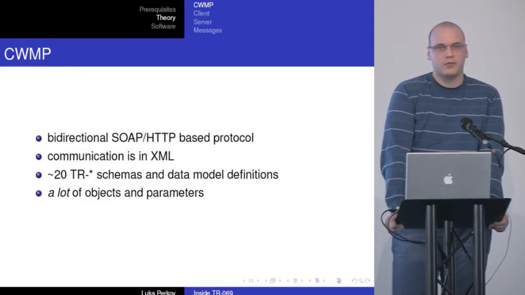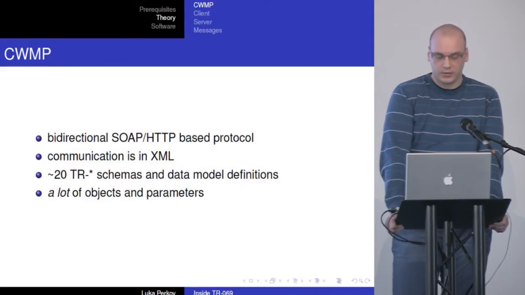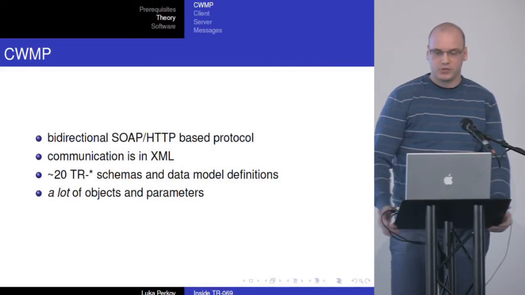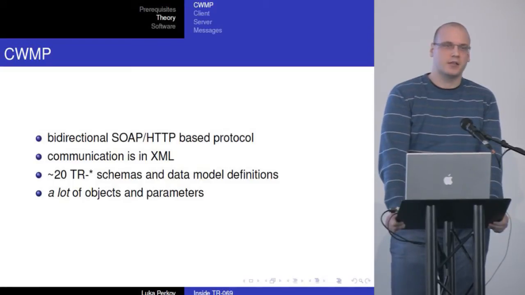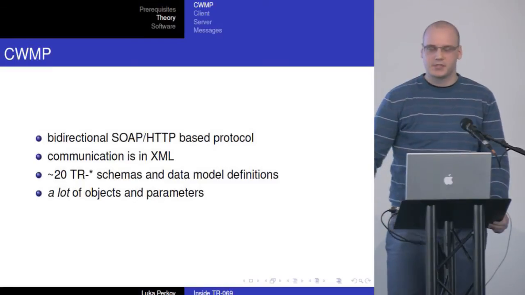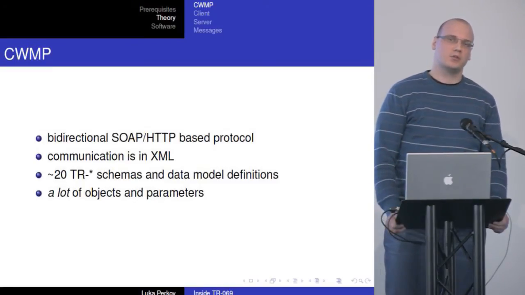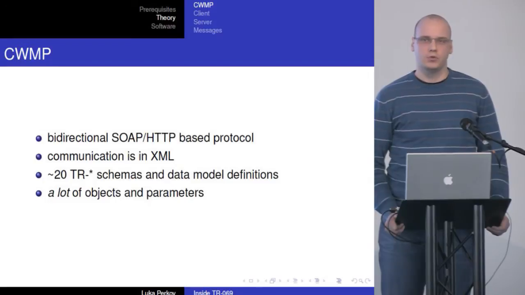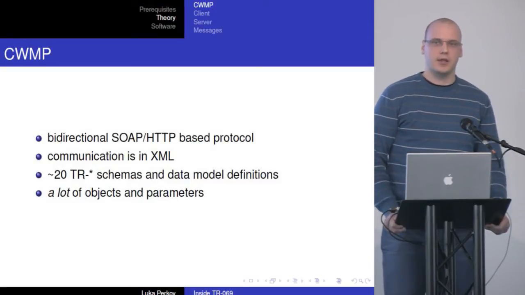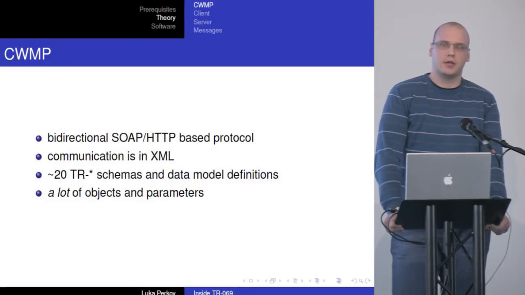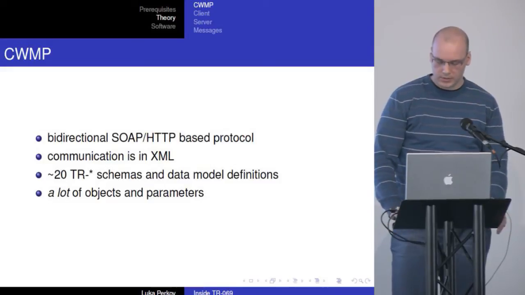There are a lot of parameters, I mean really a lot, and it's kind of strange to imagine supporting a few thousand parameters on a device that has 4 megabytes, or 16 megabytes, of RAM. So what most vendors do is support only the few parameters that they actually need, and they don't support other stuff.